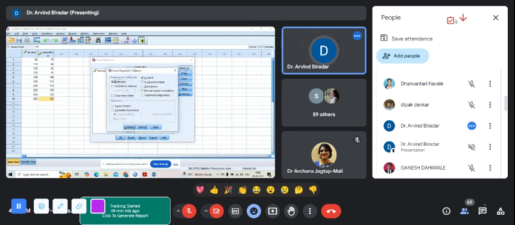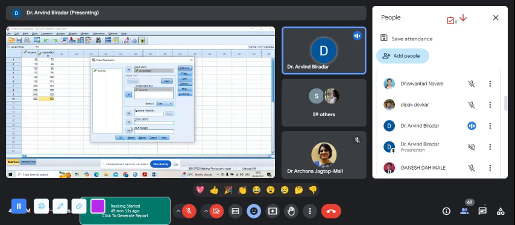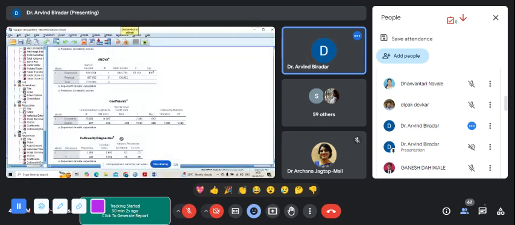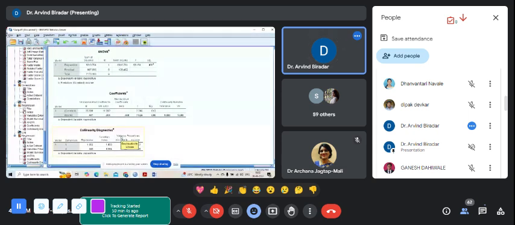Go for statistics, collinearity diagnostics, check it. Confidence interval is not required. Continue. See the result of that.